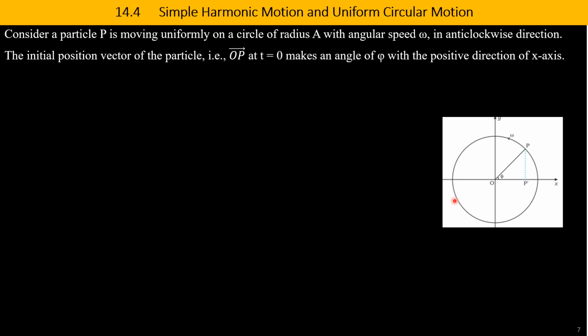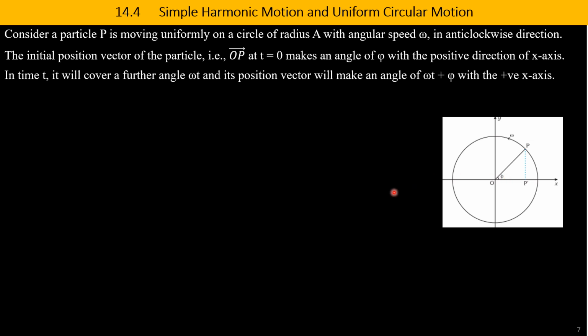The initial position vector OP at t equal to 0 makes an angle phi with the positive direction of the x-axis. This is the positive direction of the x-axis and OP makes an angle phi with the x-axis.